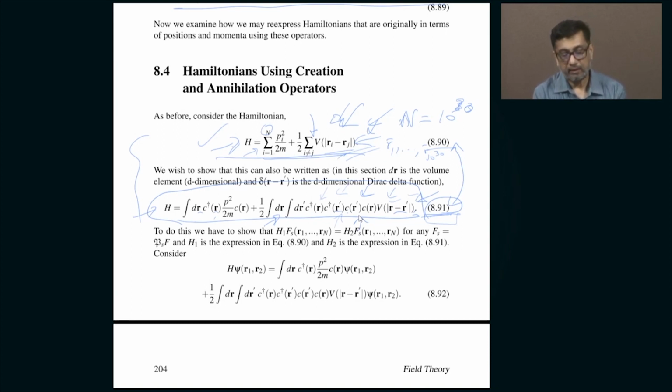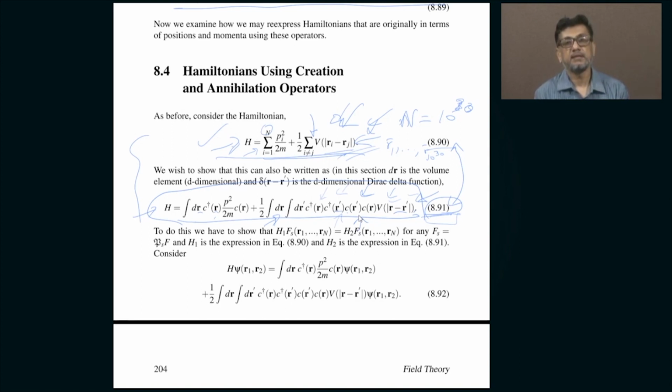So, this r and r dash, the fact that there are 2 of them in 8.91 is simply reflecting the fact that you are actually confining yourself to pairwise 2 body interactions. So, that is not surprising, and it has no relation whatsoever to the number of particles in the system.